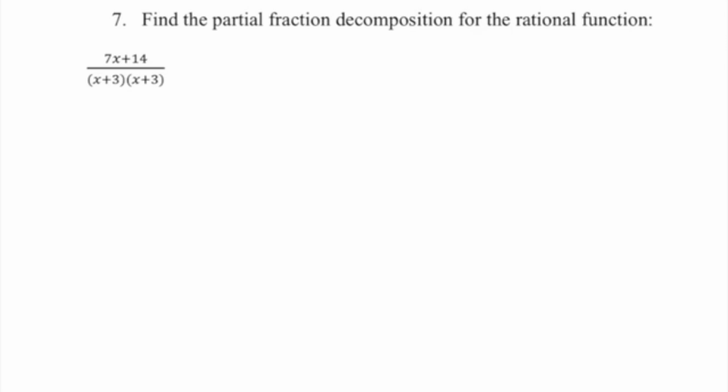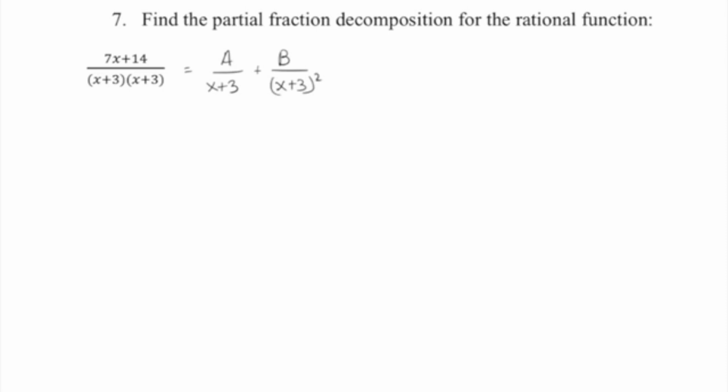For partial fractions, we learned a couple of different variations depending on the denominator. In this case, we have repeated linear terms there. So we're still going to have two partial fractions, but since they're repeated twice, the first time you write the factor, the second time you write the factor to the second power.